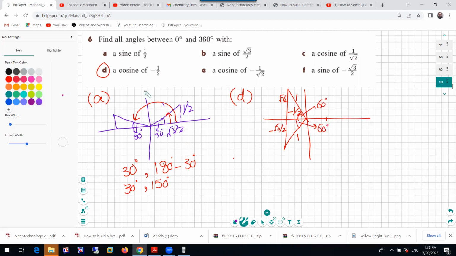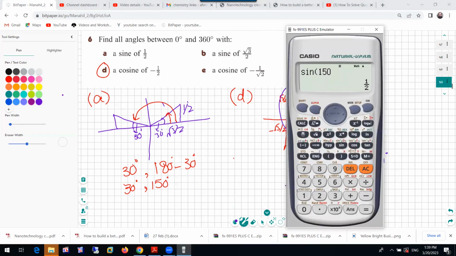So now we can find theta. The first angle is this, and the second angle is this, right? The first angle, obviously, is 180 minus 60. Second is 180 plus 60, right? So 120 and 240.